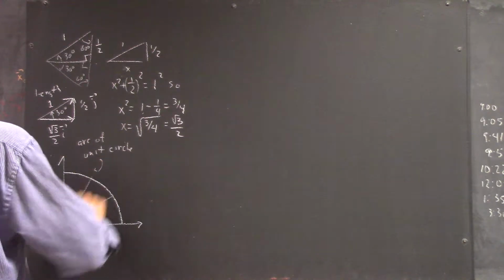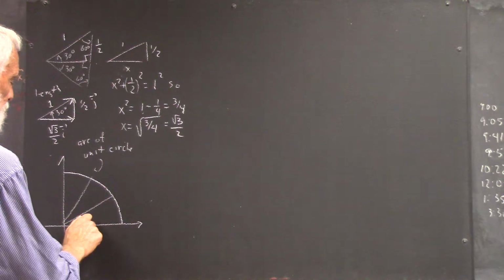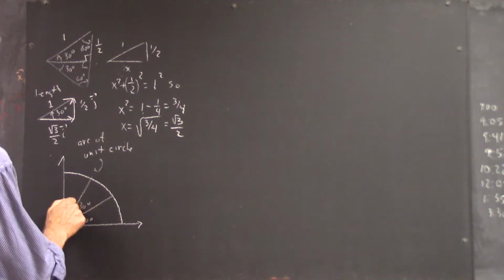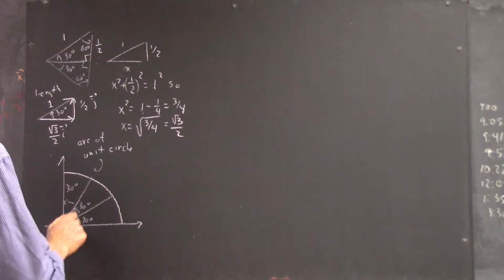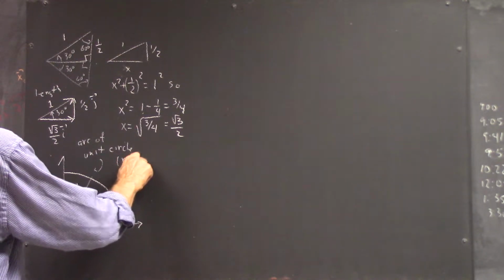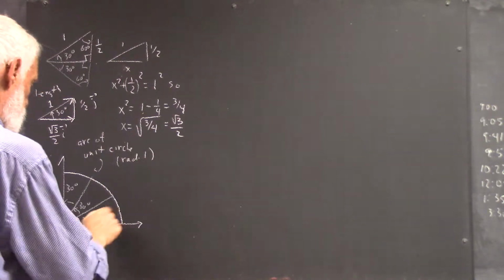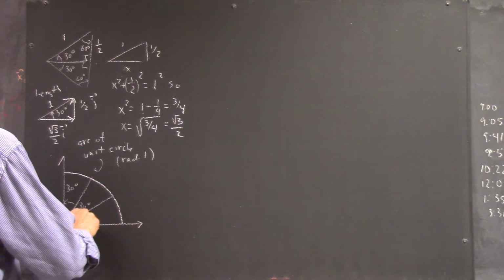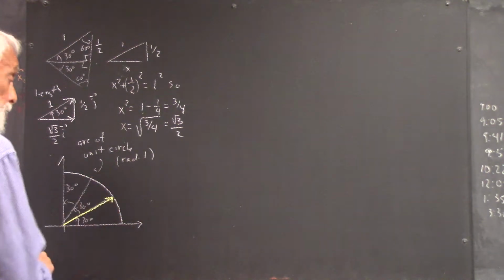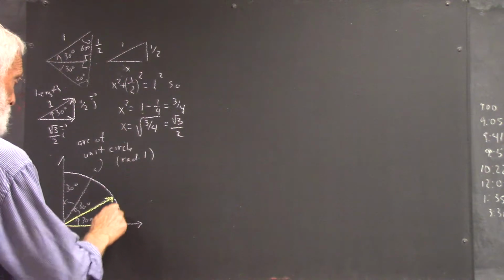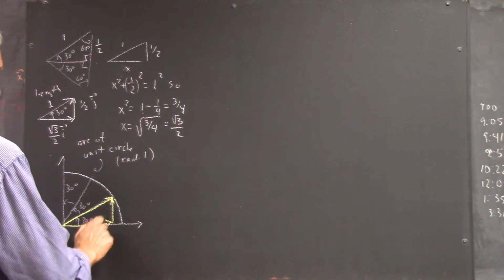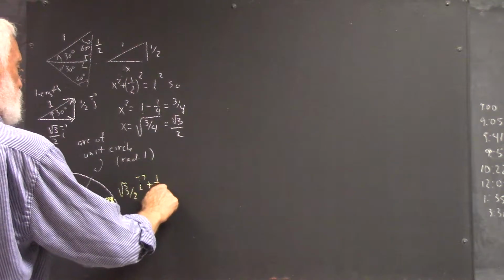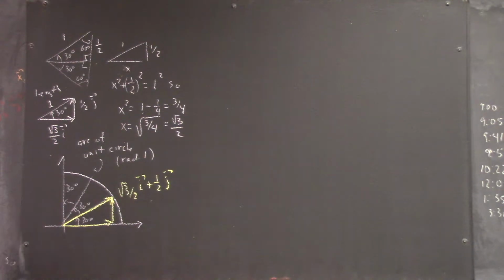If I divide this into 3 equal angles, then this vector is, well, the vector I just pictured. Square root of 3 over 2 i plus 1/2 j.